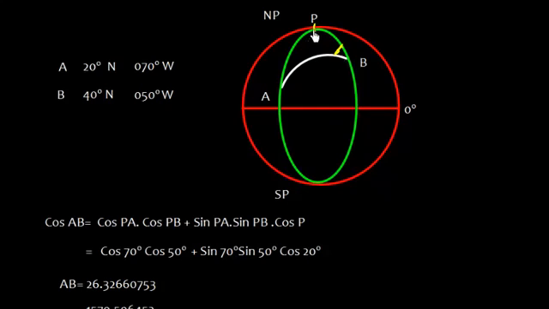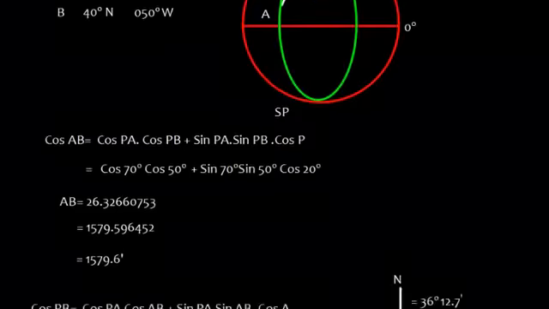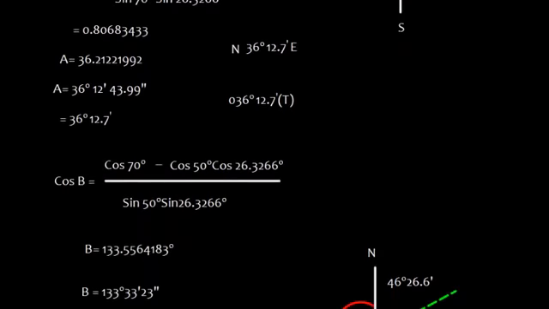How this angle will come in this picture: cos PA, that means this side, is equal to cos of this side and cos of this side plus sine of this side and sine of this side, and cos angle B. Well, it's the same way, and now we have this equation. The cos B is equal to cos 70 minus cos 50 into cos 26.3266 divided by sin 50 and sin 26.3266.